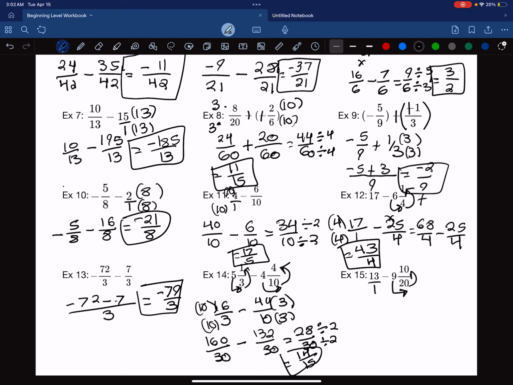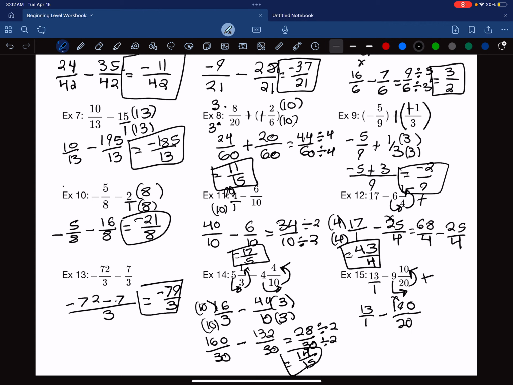And looking at this last example, we can put this 13 over 1. We can make this a fraction from a mixed number to a regular fraction. So we get 13 over 1. And this also will get you 190 over 20.